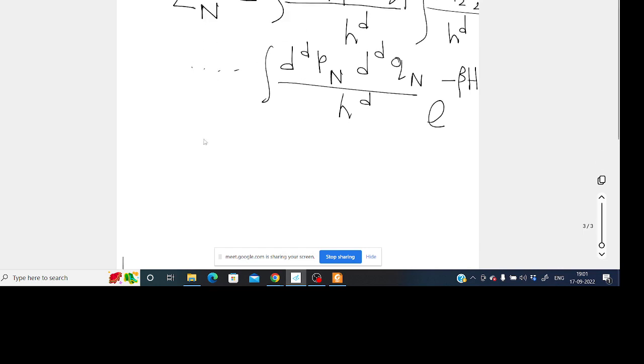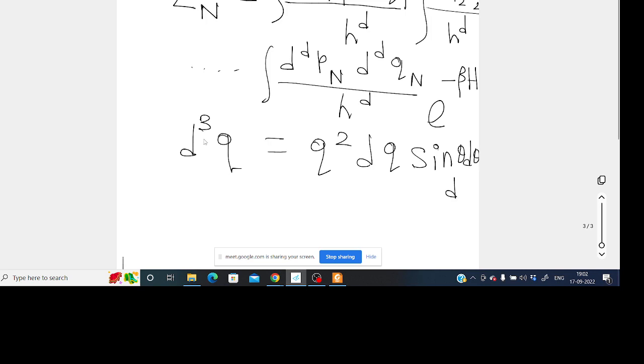This is the volume element, for a small volume. For 3 dimensions, this will be equal to q squared sine theta dq d theta d phi.